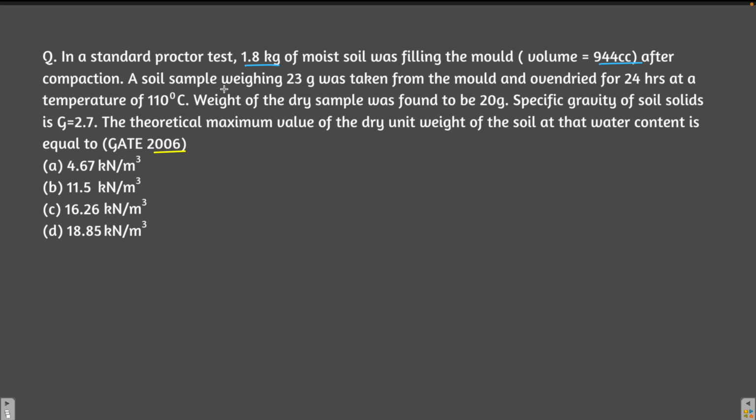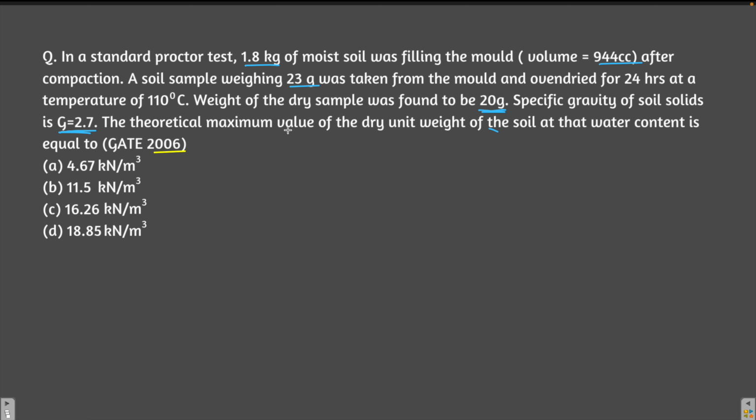After compaction, a soil sample weighing 23 grams was taken from the mold and oven dried for 24 hours at a temperature of 110 degrees Celsius. The weight of the dry sample was found to be 20 grams. The specific gravity of the soil solids is G equals 2.7.